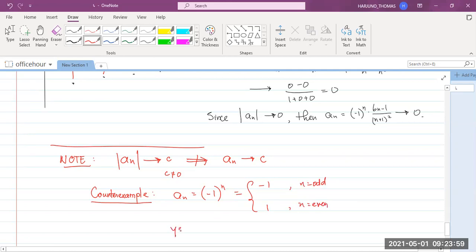Yet the absolute value of a sub n equals 1 all the time. So if the absolute value of the sequence converges to something other than 0, then the alternating sequence is divergent. To be more precise, it oscillates between those two non-zero numbers.